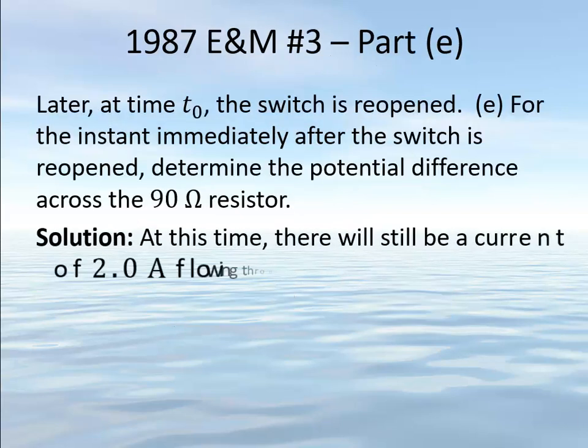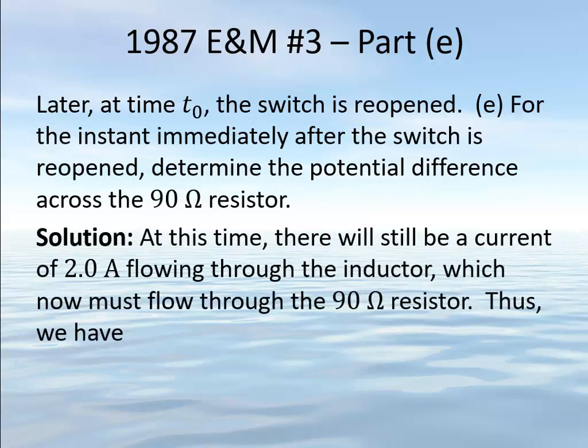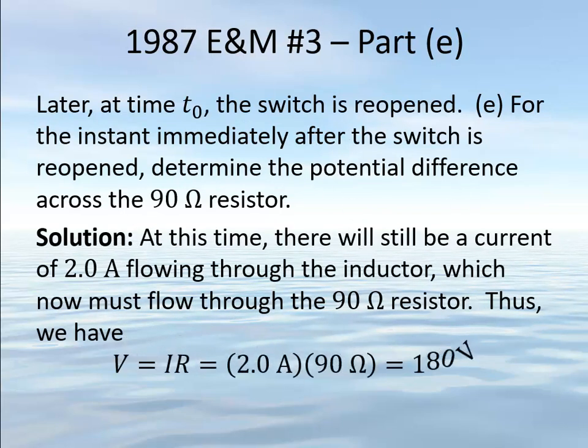What about Part E? This was worth 2 points. 1 point was for noting that the potential difference across the 90 ohm resistor was the same as the potential difference across the inductor, which was 180 volts, or for noting that that is a result of using Ohm's law and that the current is the same as what you had before going through the inductor. So 1 point for the answer and 1 point for either noting the parallel equivalence of voltages or using Ohm's law.